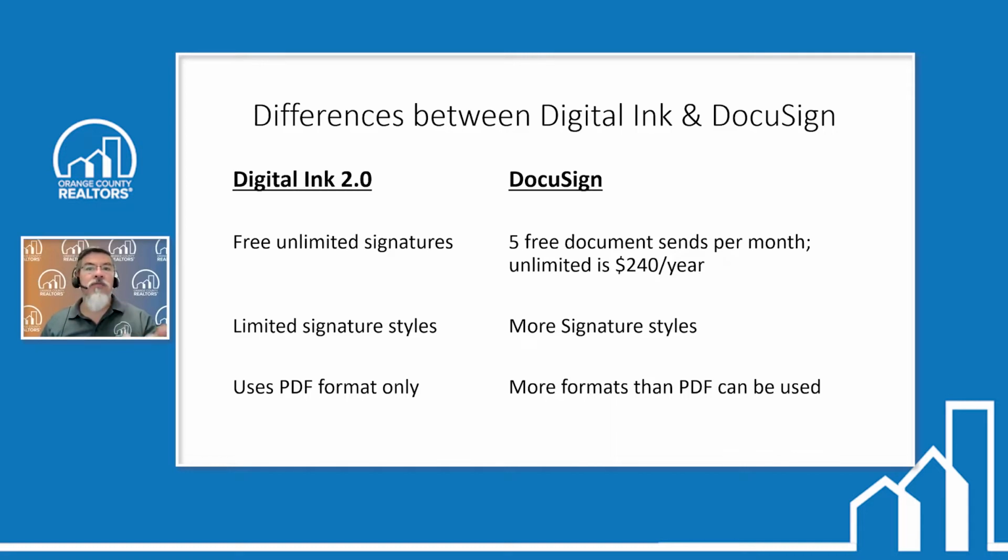They have more signature font styles if that matters to anyone. Most people don't really care about the different font styles, but for those that do. And then it can also do more formats than PDF, like Microsoft Word. So you can do an electronic signing with a Microsoft Word document in case you need to do that. But within zipForms, we only use the PDF version because once it's finalized, it's locked and nobody can unlock it.